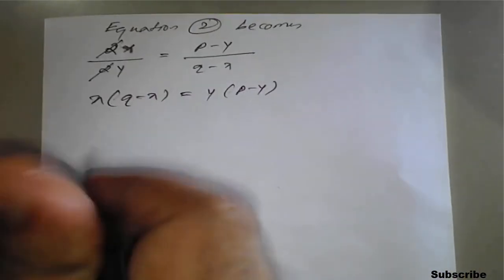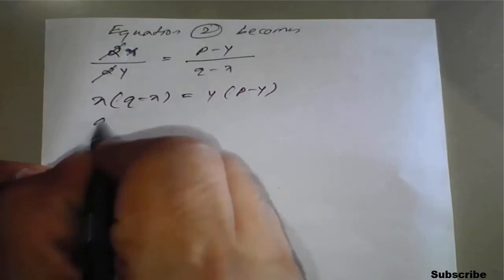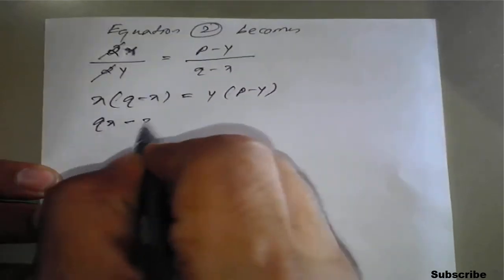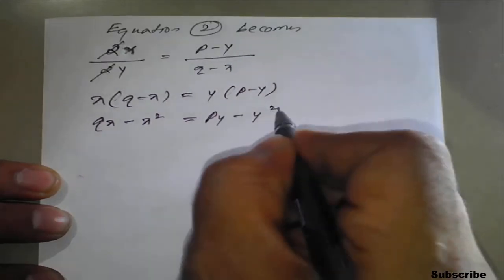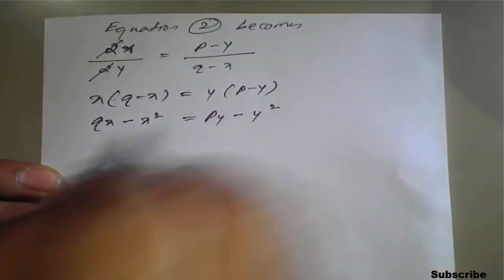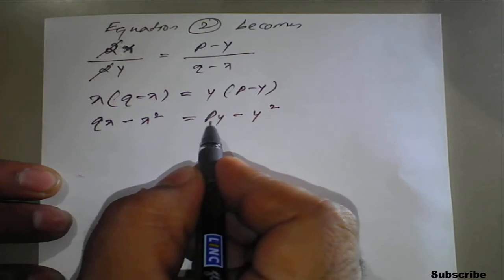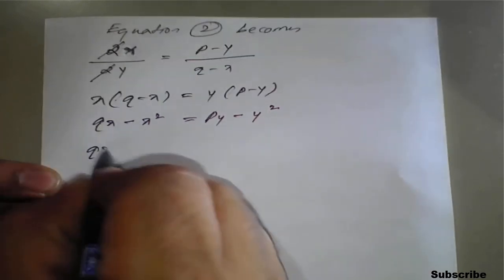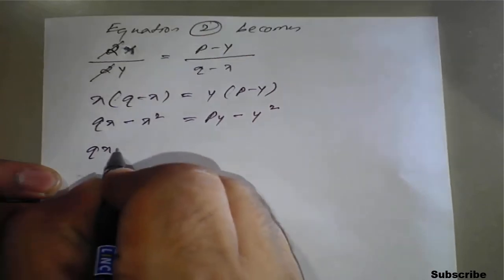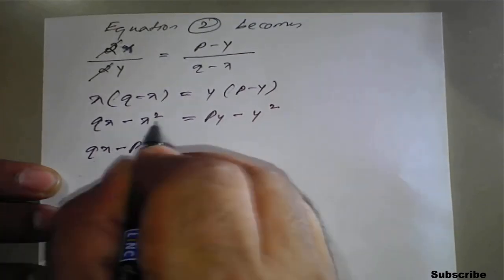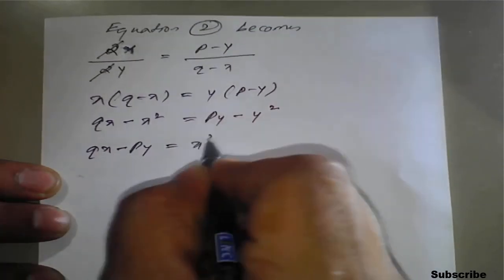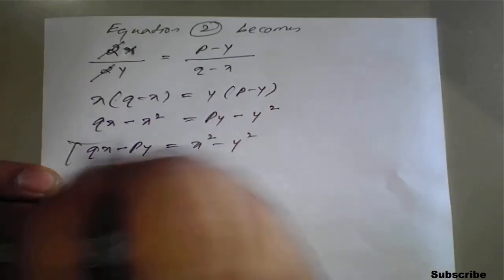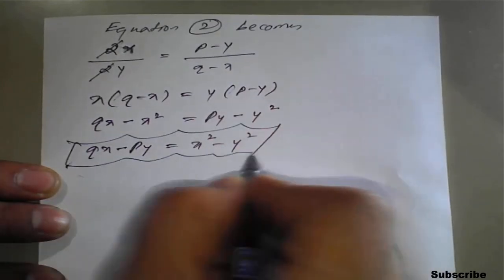Open the bracket: qx minus x square is equal to py minus y square. Rearranging, qx is shifted to the left hand side, and py and minus x square are shifted to the right hand side, giving qx minus py equal to x square minus y square, which is the required PDE.